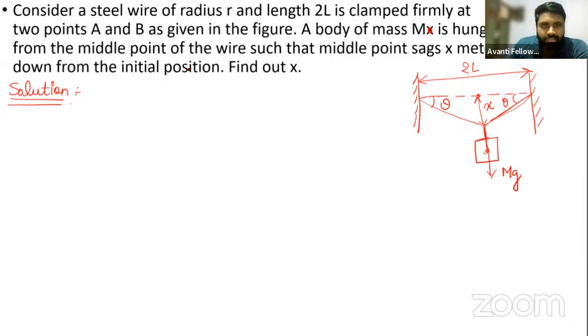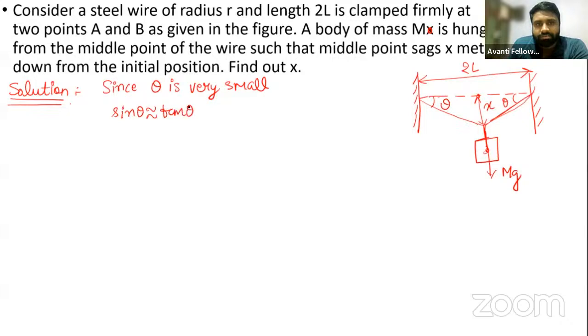Since this theta is very small, we can assume sine theta is approximately tan theta, equal to x upon L, as this distance would be L and this distance also would be L. So tan theta, if you apply in this triangle, let this point be point B. In this triangle, what will be the value of tan theta?